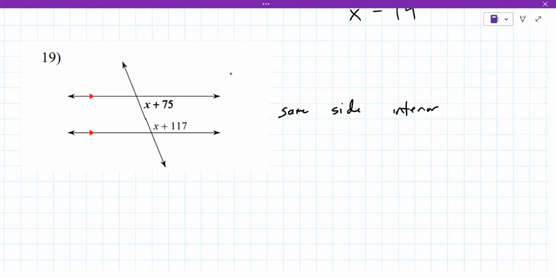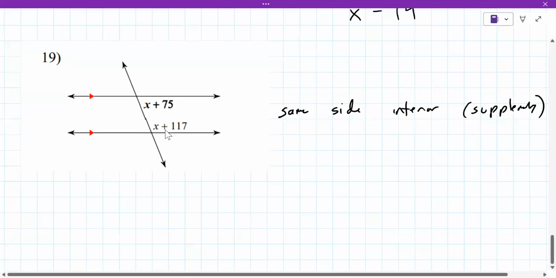Right? And same side interior angles are supplementary. They're always supplementary. So that means these two things add up to 180. Okay, so I'd like you to write and solve the equation and give me each angle measure again, please.